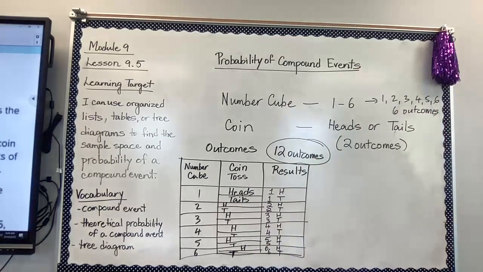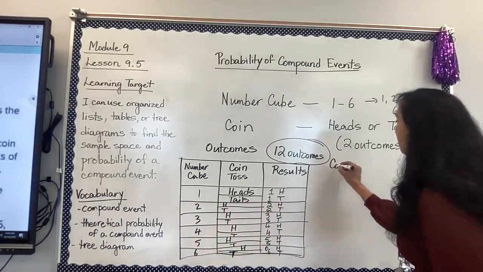Okay? Now, this is by making a list. I can also make a tree diagram. Okay, so tree diagram that can be used to organize the possible outcomes of tossing a coin first, followed by rolling a numbered cube. So if I have coin, I'm going to put coin first.